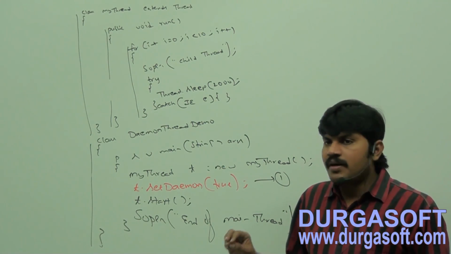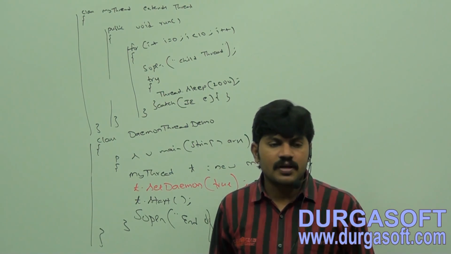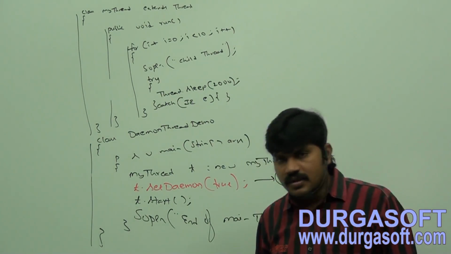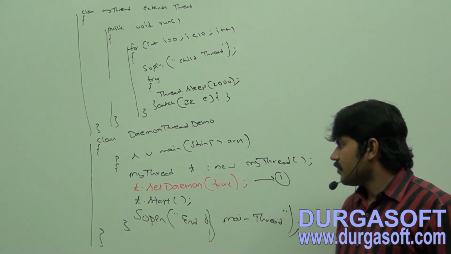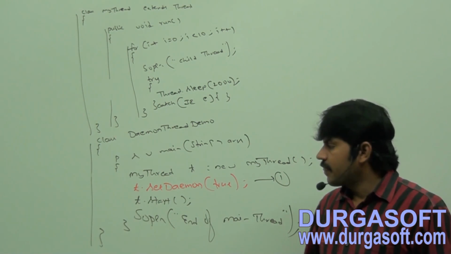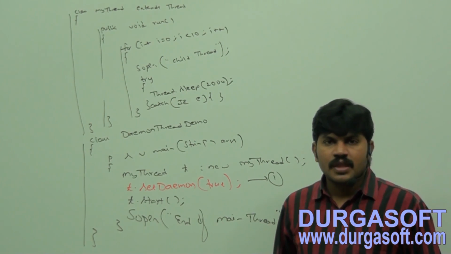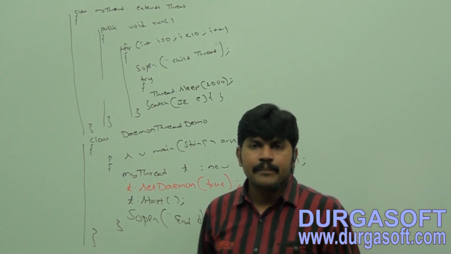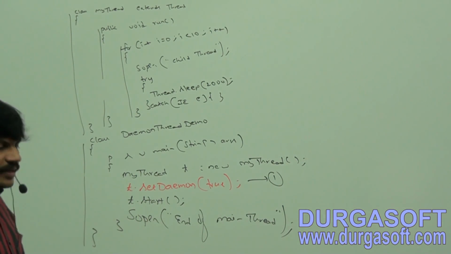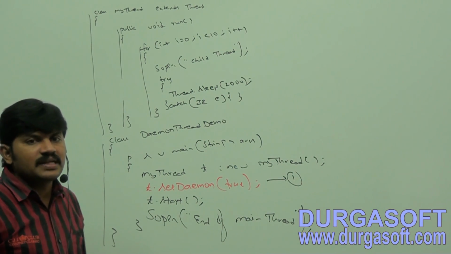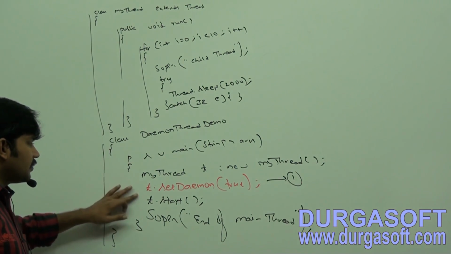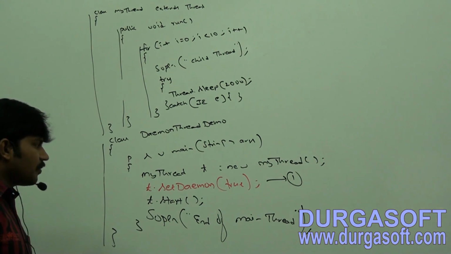Next para. If we are not commenting line 1, then the main thread is non-Daemon and the child thread is Daemon.